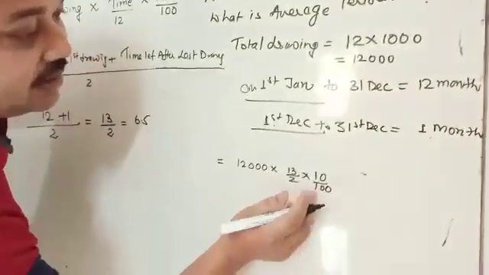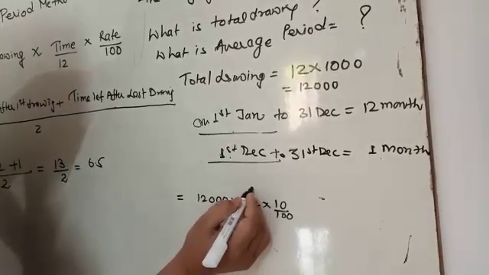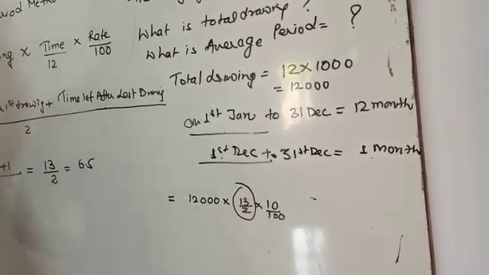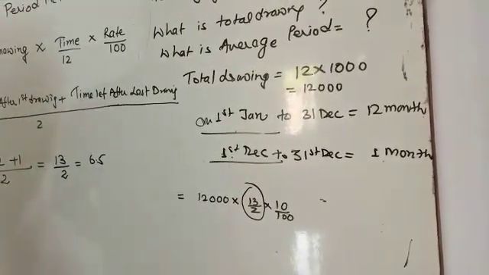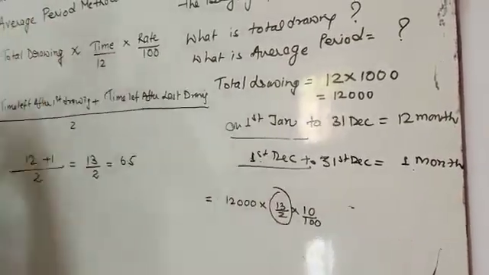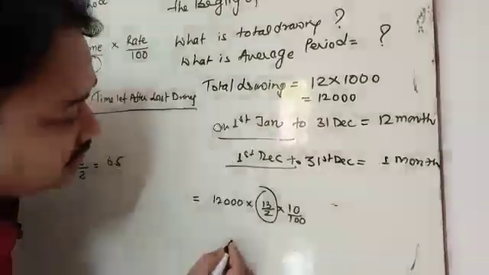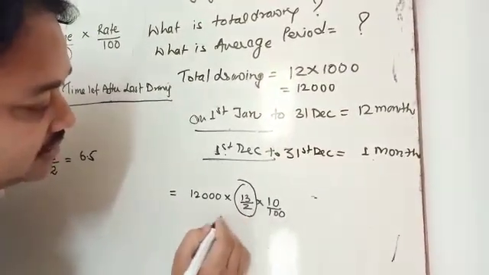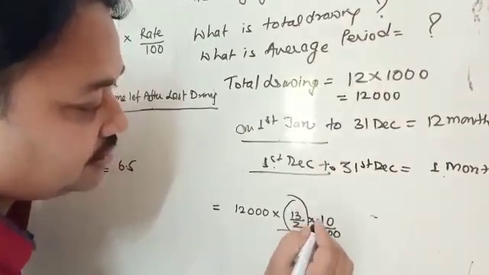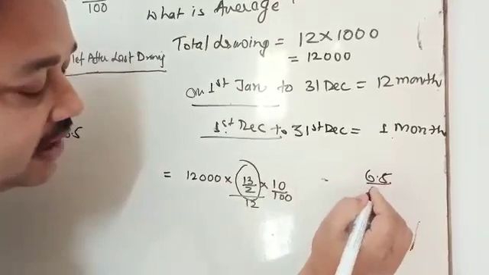Here 13 by 2 is the average period. The average period is time. So you put the 12 also, it means you just divide by 12. So in this situation, you directly write down 6.5 upon 12.